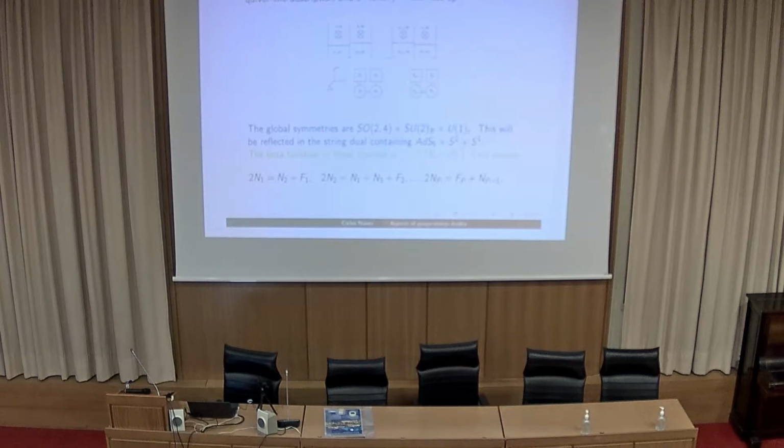There is a formula like that. This is a one loop exact result, and so 2N1 equals N2 plus F1 for the first, 2N2 equals N1 plus N3 plus F2, and so you have a set of equalities that you need to satisfy if you want this theory to be conformal.